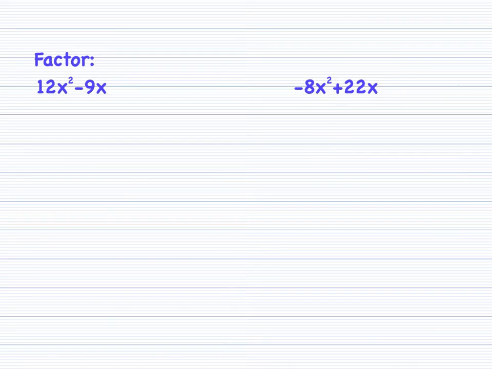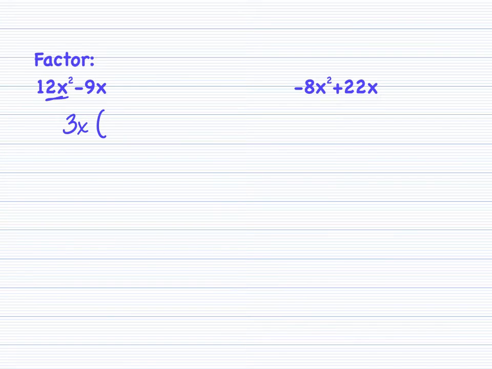So to practice, 12x squared minus 9x: we need to figure out what the greatest common factor of 12 and 9 is. The biggest number you can divide both of those by is 3, so we take a 3 out front. They both have x's with them, so we take out a 3x.